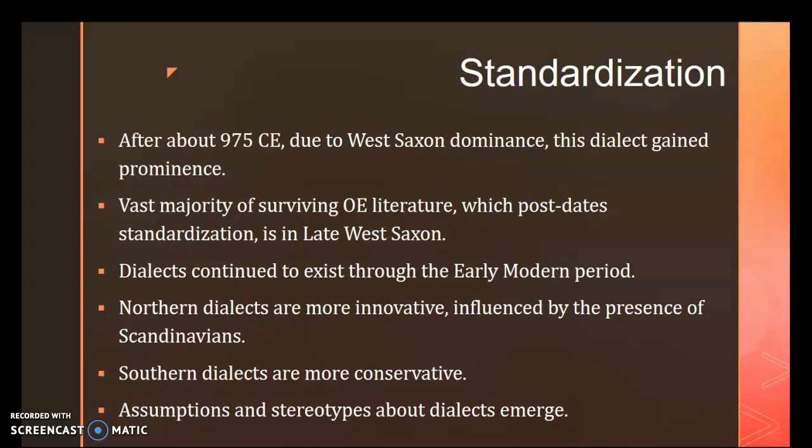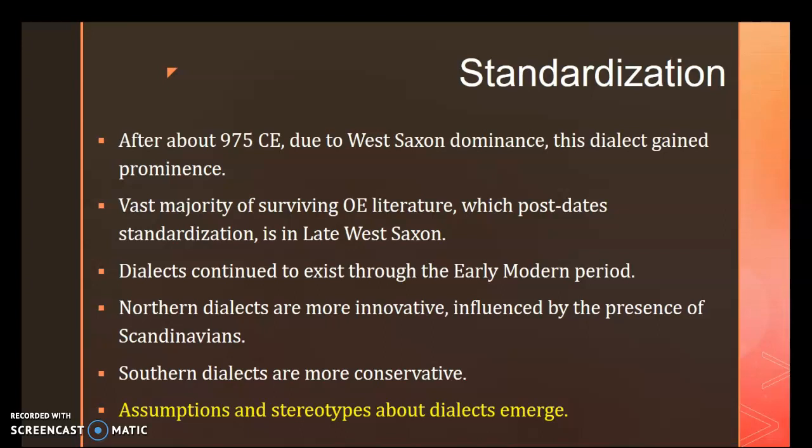So despite the prevalence of West Saxon, that doesn't mean everyone was using it though. Okay, dialects continued to exist throughout the Old English period, well into the Middle English period. And this is what's really fascinating, this bottom bullet point. Each dialect became associated with stereotypes or assumptions about its speakers, right?